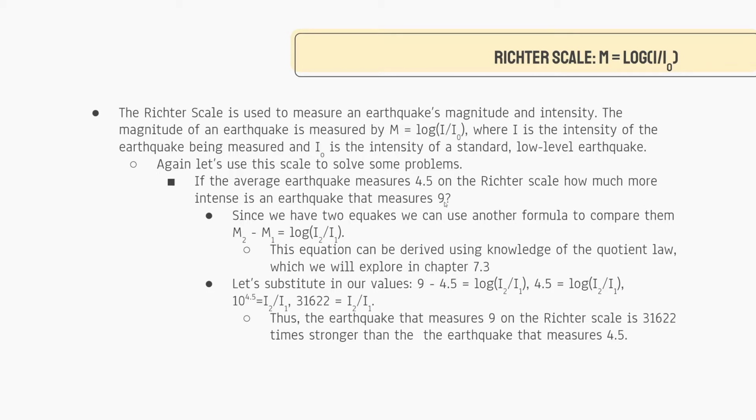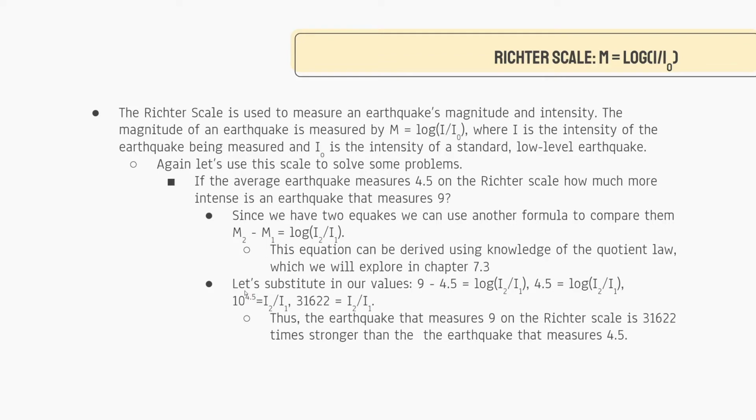So again, we're just going to substitute the values in. So 9 minus 4.5 is equal to log of your second earthquake divided by the intensity of the first earthquake. And so we get 4.5 is equal to log of those values.